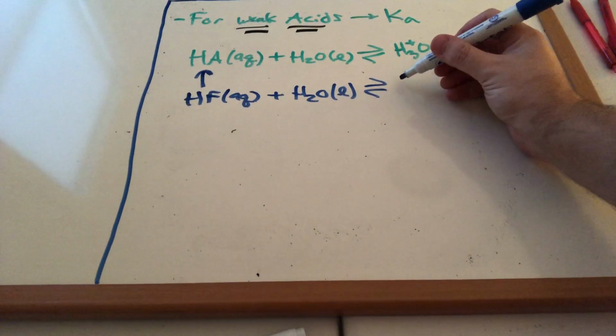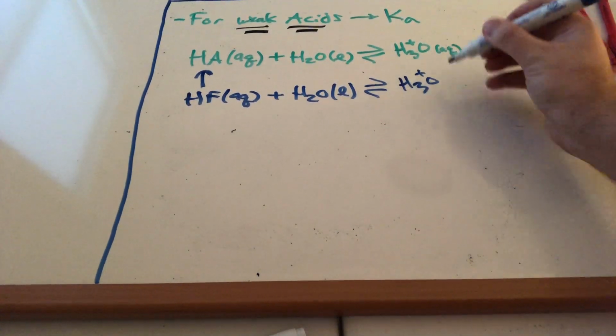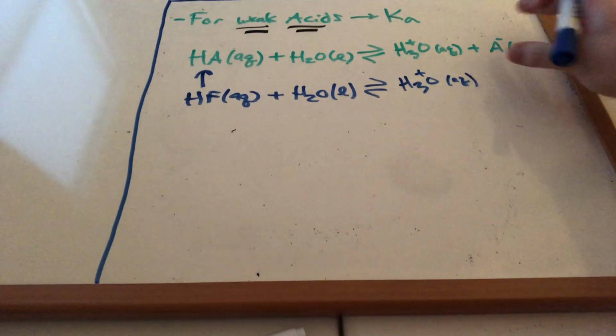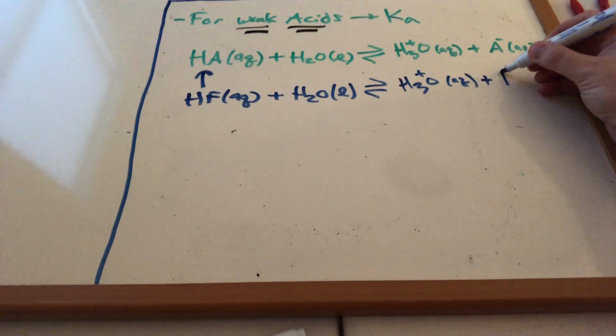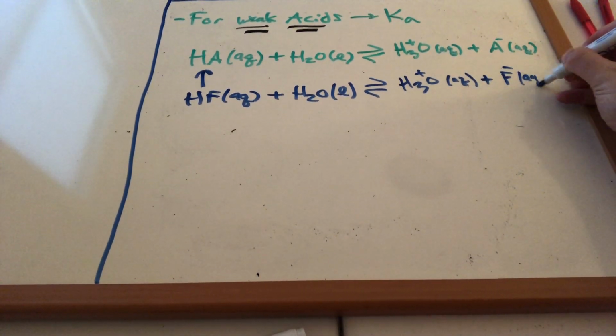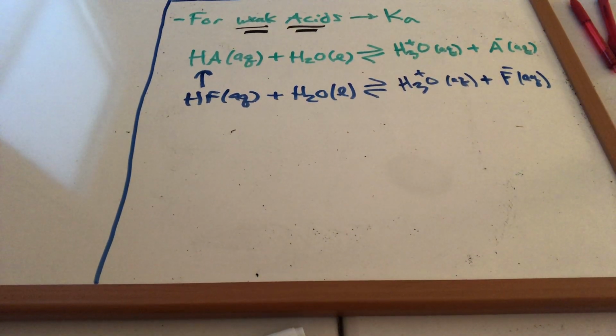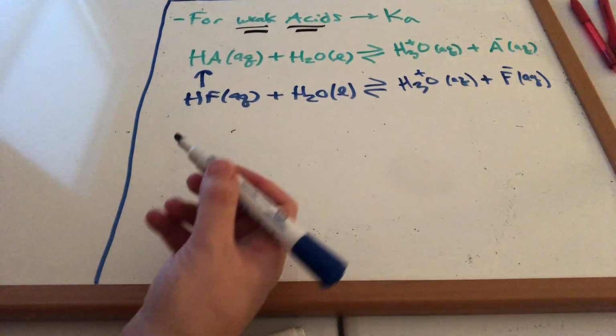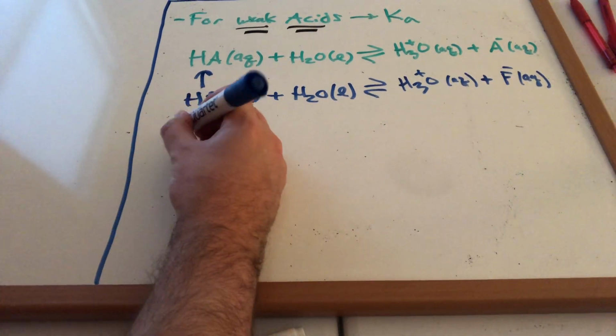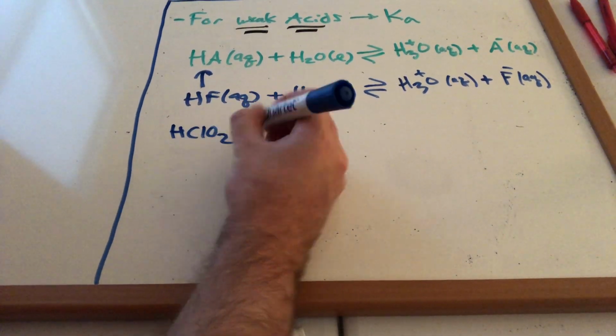React it with water. Generate hydronium ion. What's A minus in this case? Well, look at what the counter ion is to the H. It's F. And one more example just to make sure you understand that this is a general reaction. Again, look at your acetic acid example, but we can do something more complicated like HClO2.